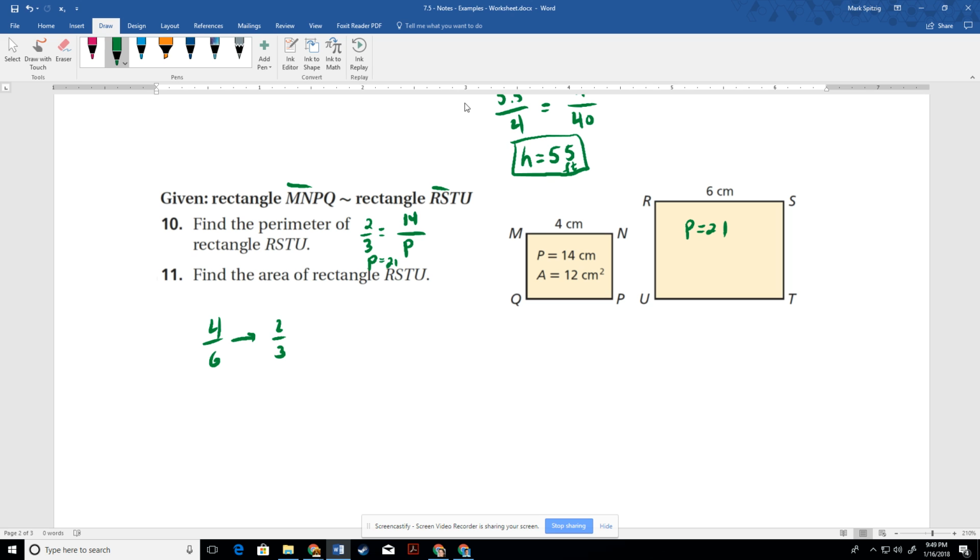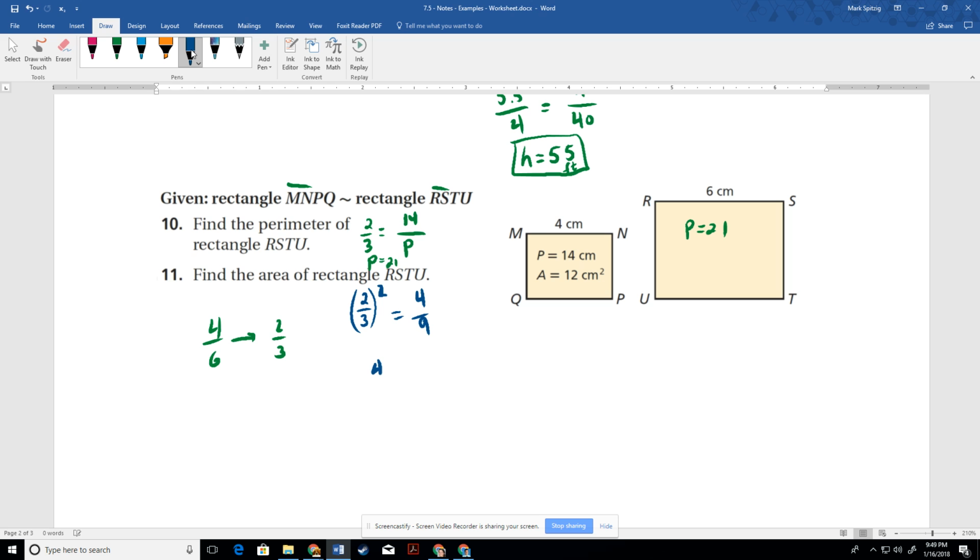right? Based on that. So again, the scale factor we'll be using for the perimeter, but not for the area, right? So for the area, 2/3 is my similarity ratio, and what I need to do is actually square that. And that's going to be the ratio of the areas. So if I square that, I get 4/9.